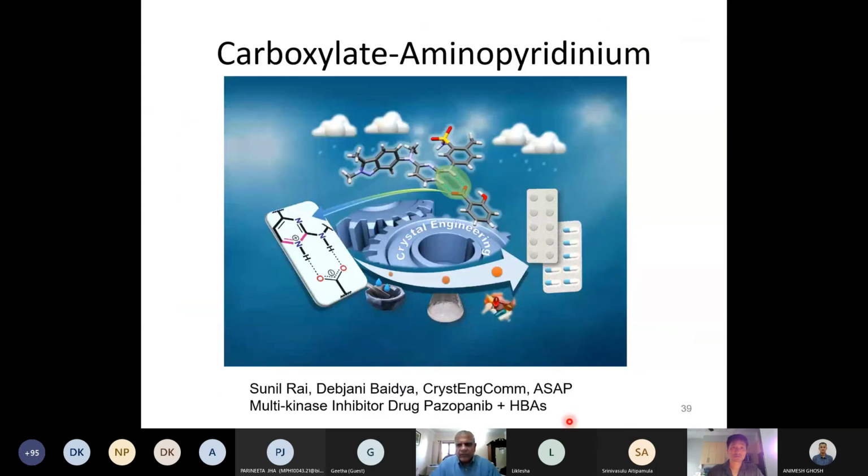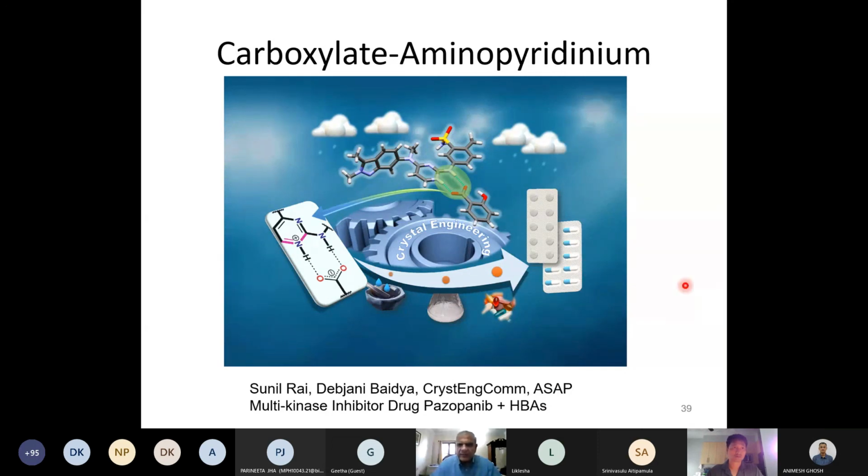This is another result from our lab, which has appeared in the last 1 week, where we have shown the carboxylate aminopyridinium group salt, which the aminopyridinium group appeared also in dabrafenib. So it's a very common functional group in drug molecules, makes a very strong synthon with hydroxybenzoic acids, and these are all GRAS coformers.